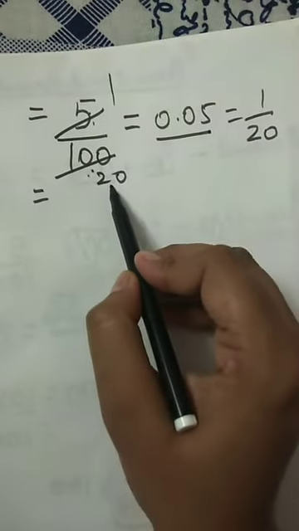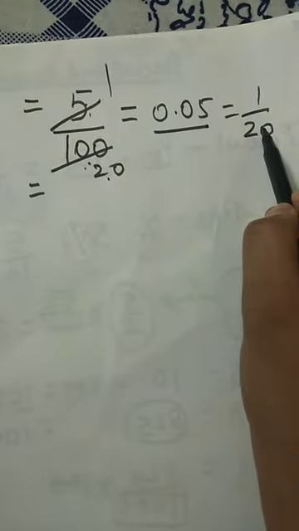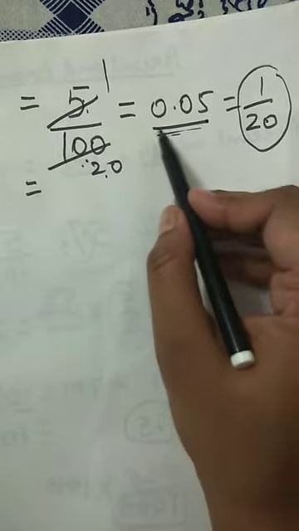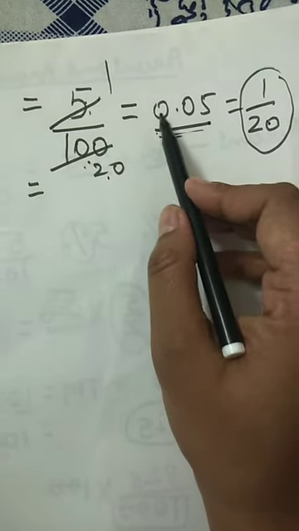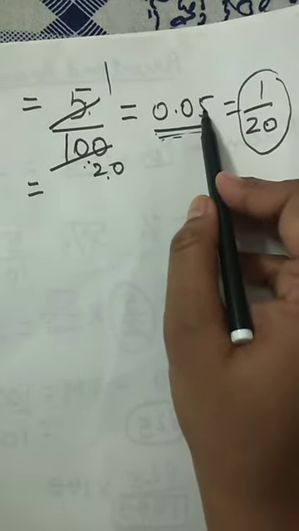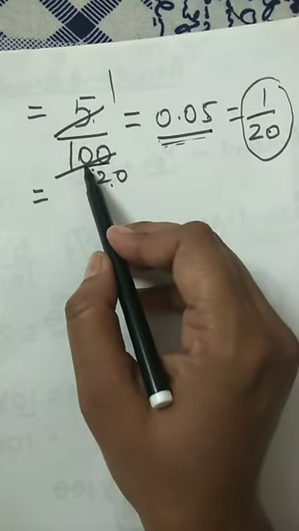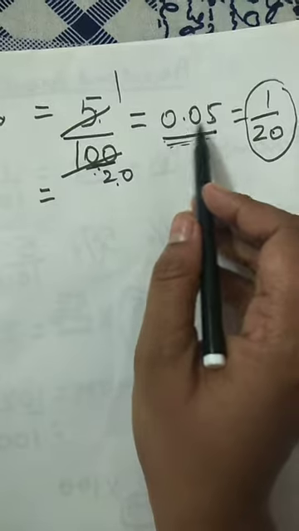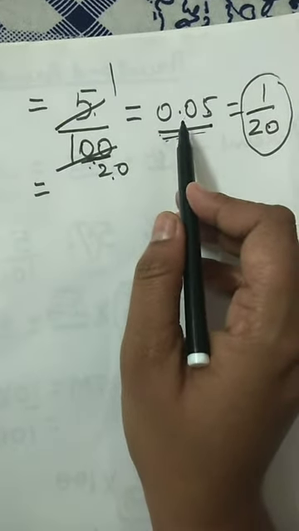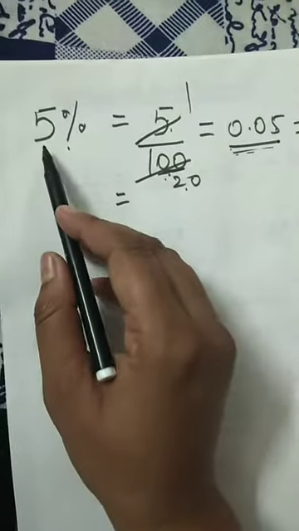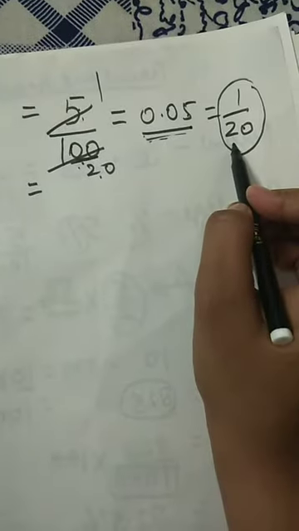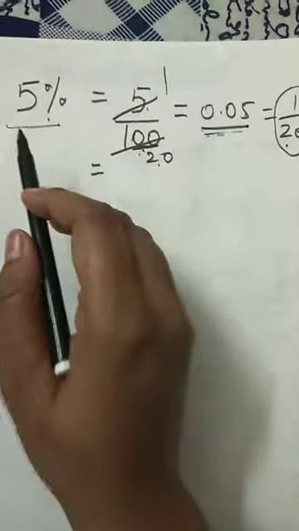So your fraction answer is 1 by 20, or you can say this is your rational number, and the number in decimal form is 0.05, because it has 2 zeros in the denominator, so we put 2 decimal places from the right hand side. In this way we have converted percent into fraction.